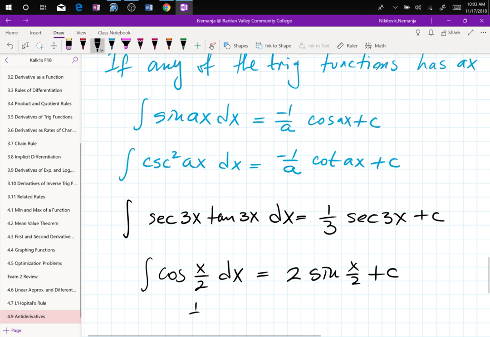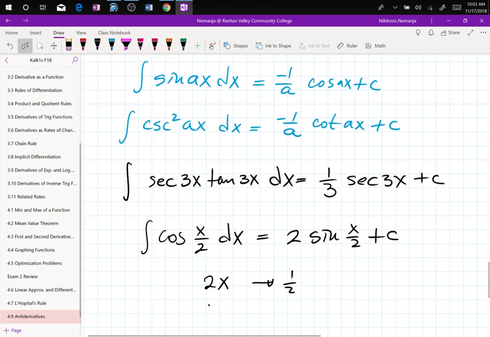But if your a is 1/2, when it goes up, it becomes 2 over 1, which is 2. So that's why over here is 2, because the input was half rather than 2x. Like 2x would go into 1/2, x over 2 would go into 2. It's always opposite, because the formula is 1 over. So it flips.